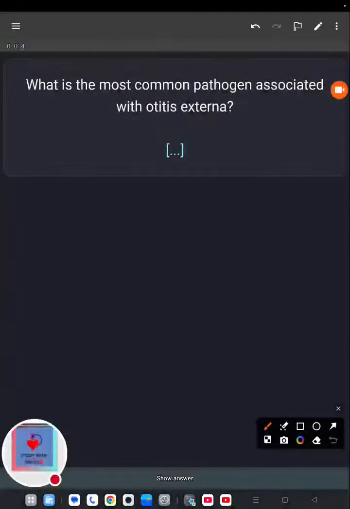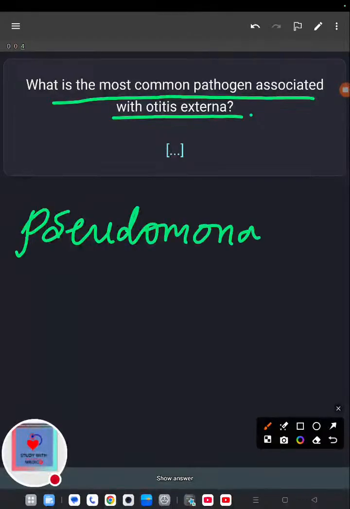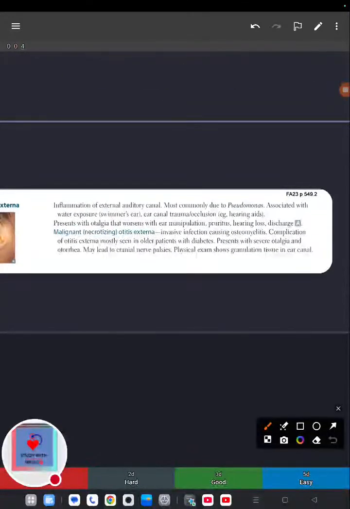So let's talk about what is the most common pathogen associated with otitis externa. It is Pseudomonas. You see inflammation of the external auditory canal, Pseudomonas most commonly associated with water exposure, swimmer's ear, or trauma or occlusion, hearing aids.